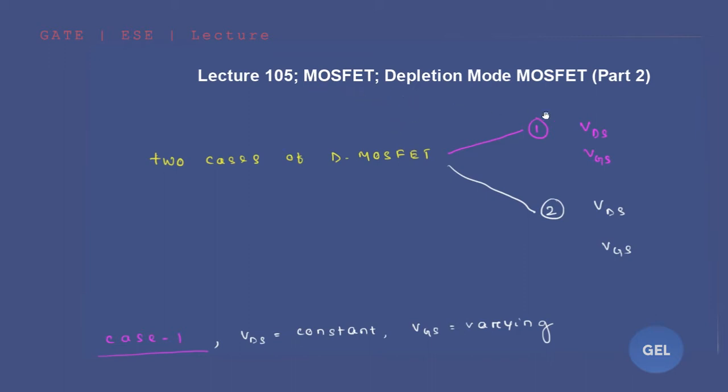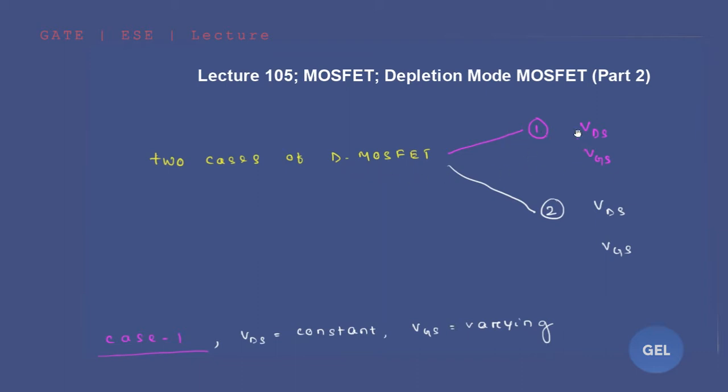And in this lecture video of depletion mode MOSFET, depletion type MOSFET, we are going to discuss two important cases of DMOSFET. Now what are those cases?